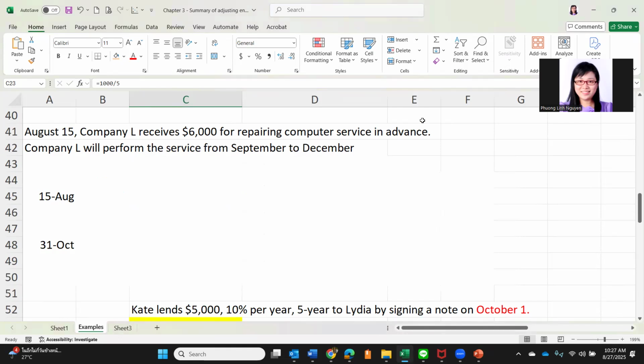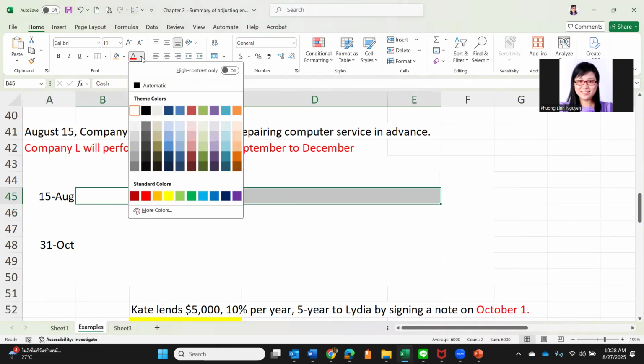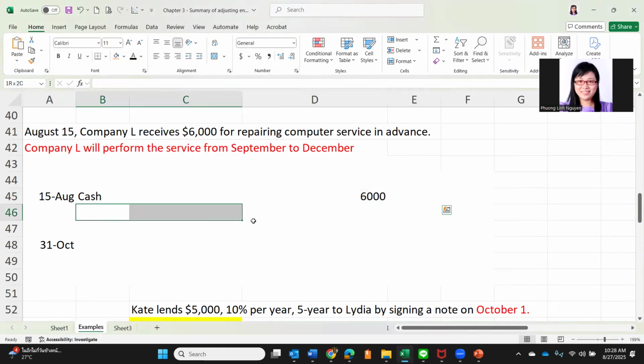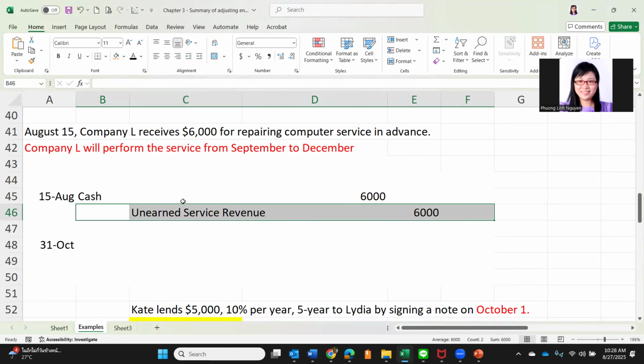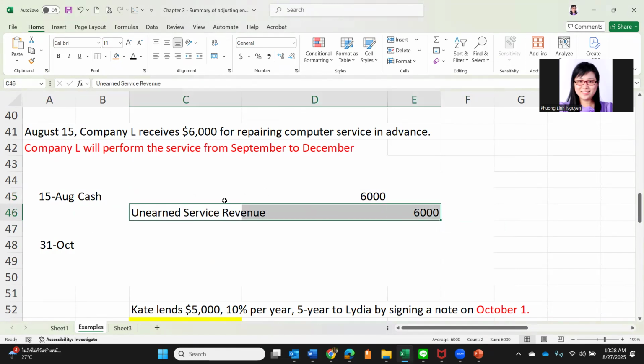So the journal entry will be debit cash 6,000, and we credit unearned service revenue 6,000. Debit cash, we got money. Unearned service revenue is a liability account. We credit 6,000 because we owe them a service.